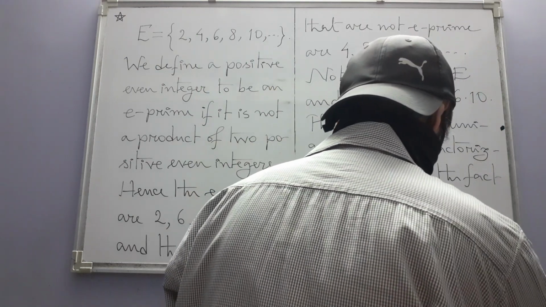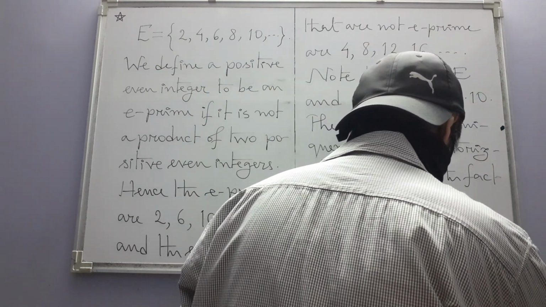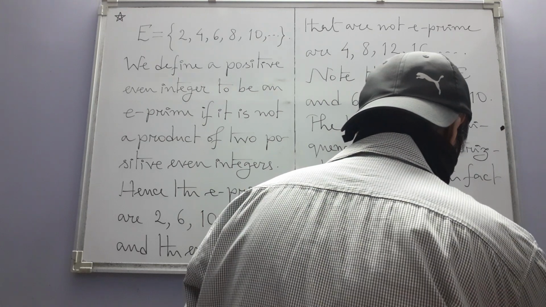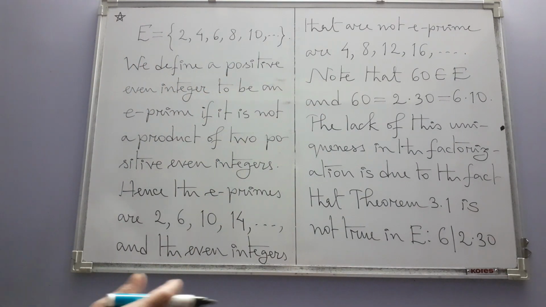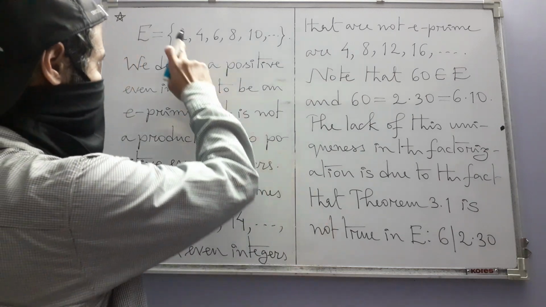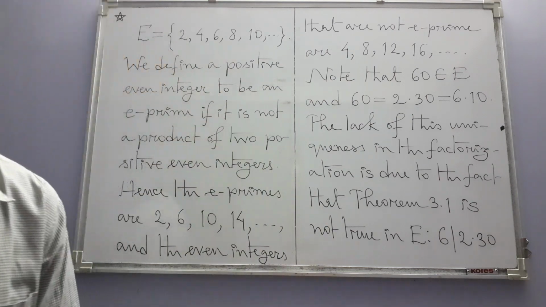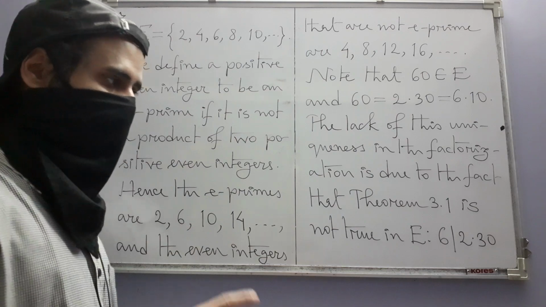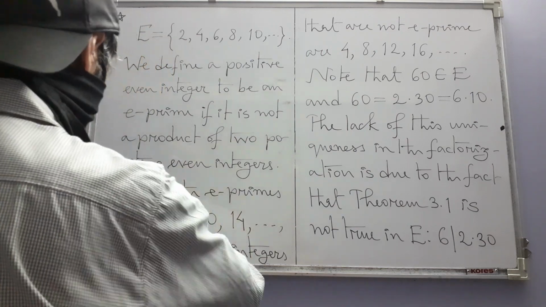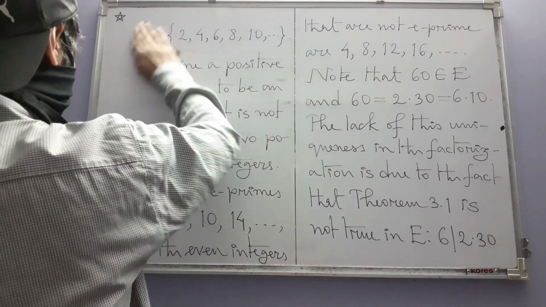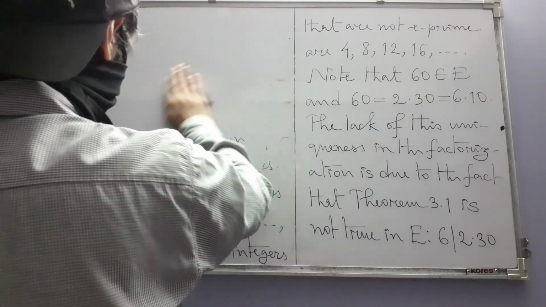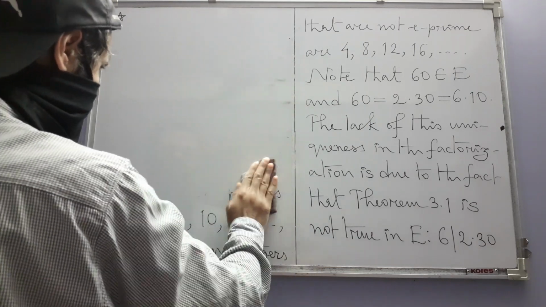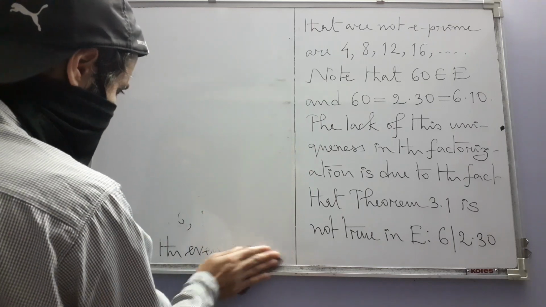The E prime 6 divides the product of these two elements coming from E, but 6 divides neither 2 nor 30. There is a very subtle thing here. Let me complete the sentence, then I will say what it is.